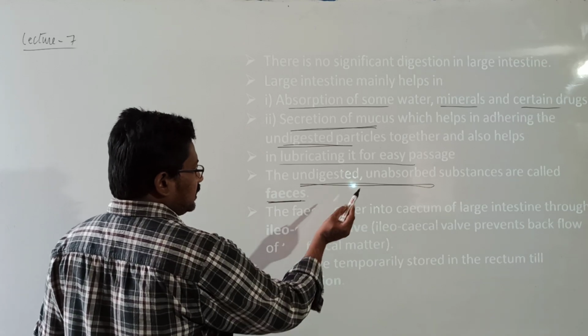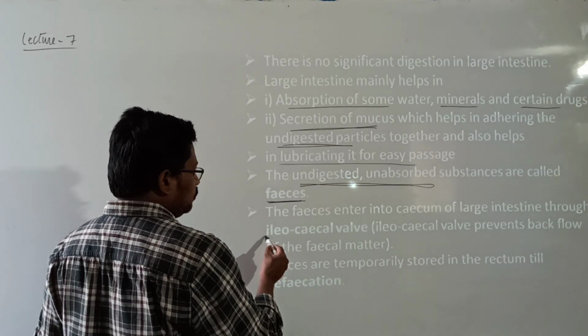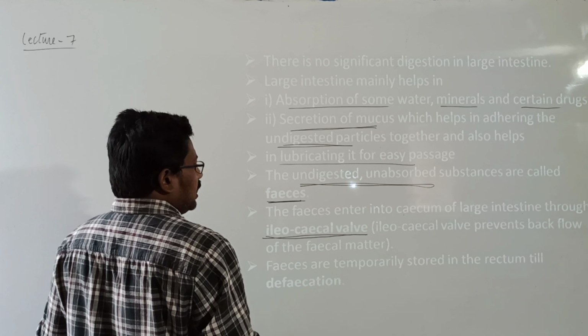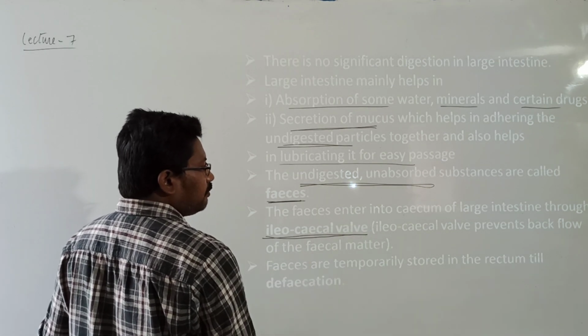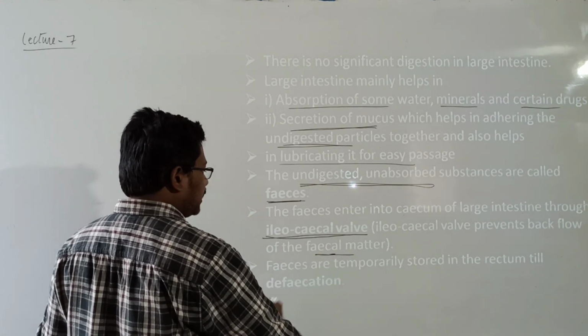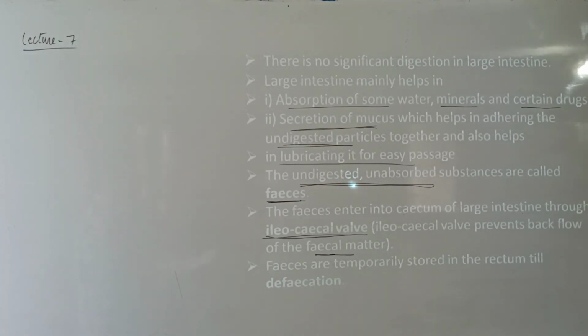So these feces enter into the cecum of the large intestine through this ileocecal valve. Clear? And this ileocecal valve prevents the backflow of this fecal matter. And finally, the feces are temporarily stored in the rectum till defecation takes place.